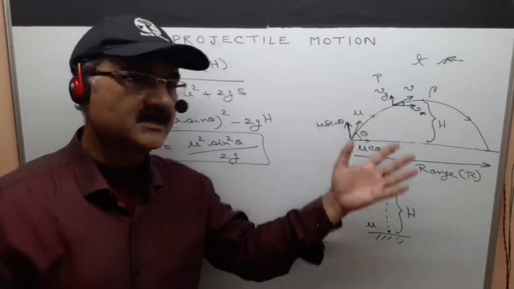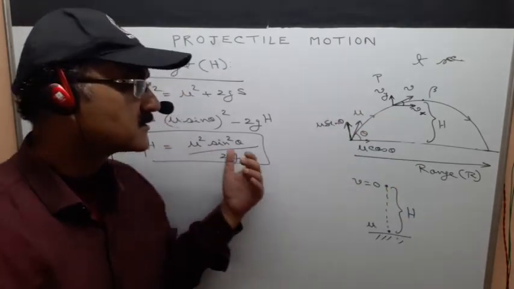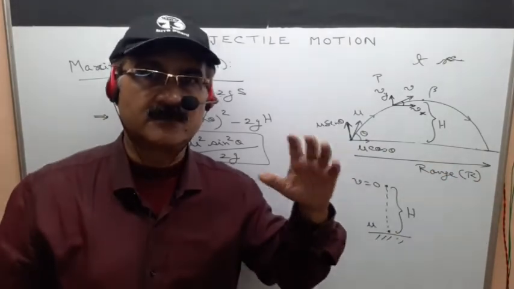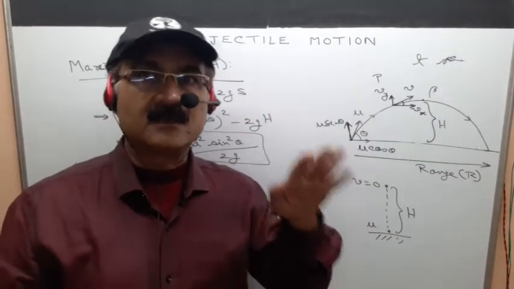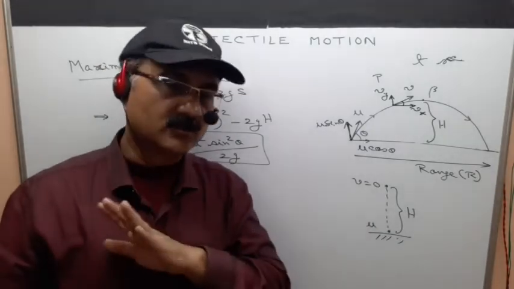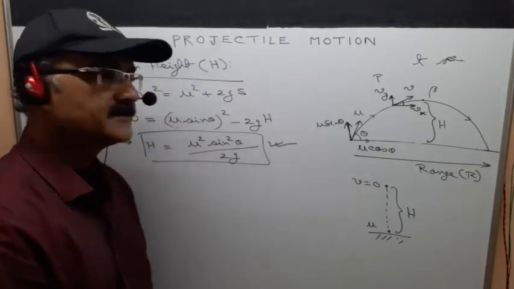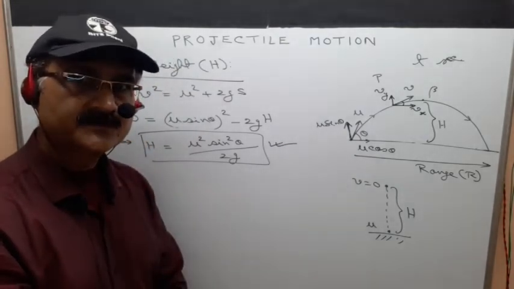So when it becomes easier to understand, you will also remember it for longer time, and in the exam you will tend to make fewer mistakes, or in fact you won't make mistakes. Okay, now you should remember this formula also for entrance purpose.